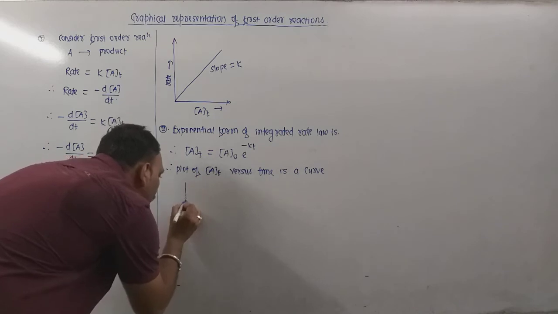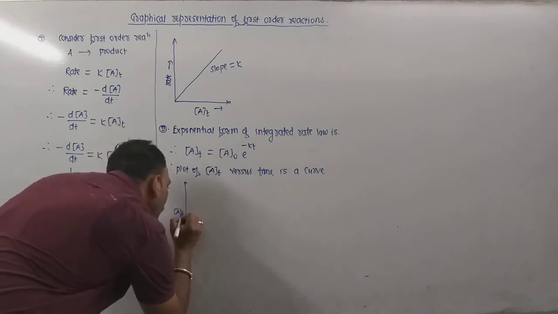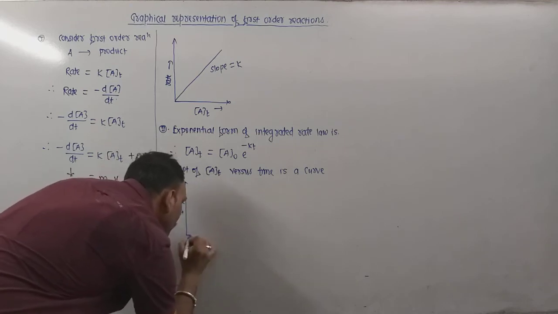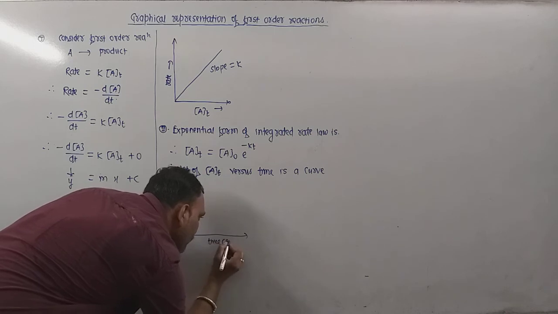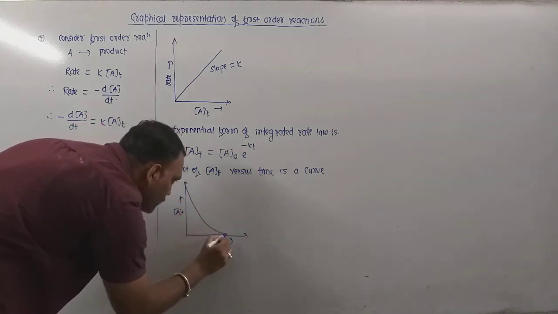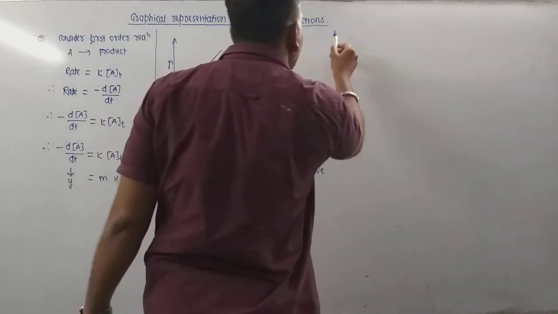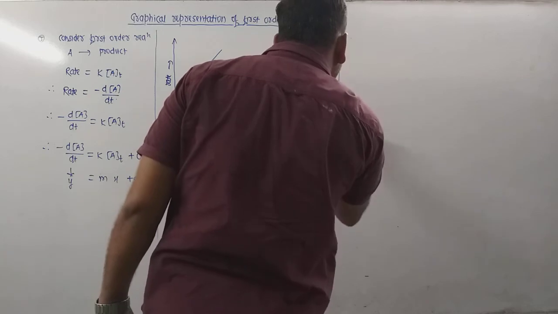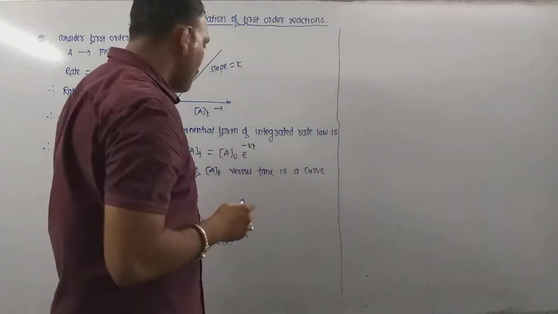Look at this: this is for concentration of A at t, and this is for time t. Then a curve is obtained, which clearly indicates that as time passes, concentration of reactant decreases in an exponential manner.